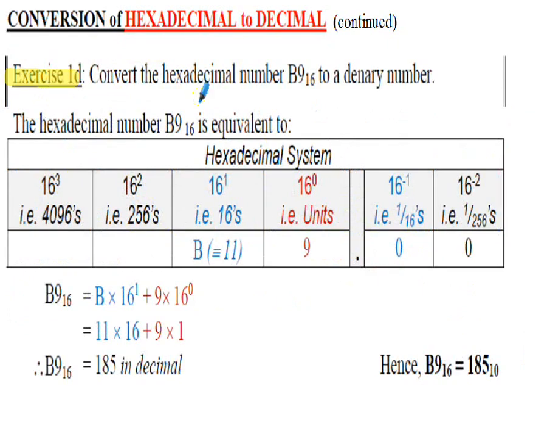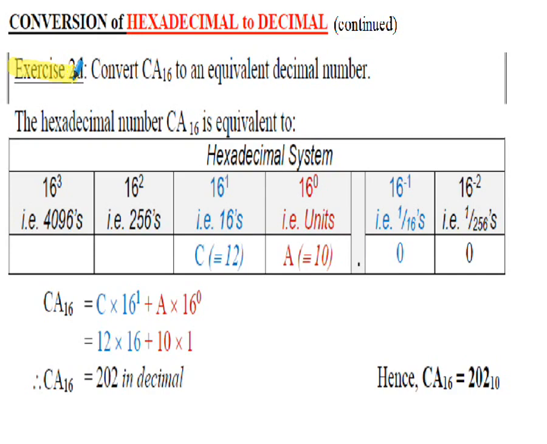Exercise 1D solution, we're asked to convert the hexadecimal number B9 base 16 into denary. I'm going to use the column header method to do that. I'll let you review the solution shown here. You should find that B9 base 16 is equal to 185 in base 10. Exercise 2D solution shown here, we're asked to convert CA base 16 into a decimal number.